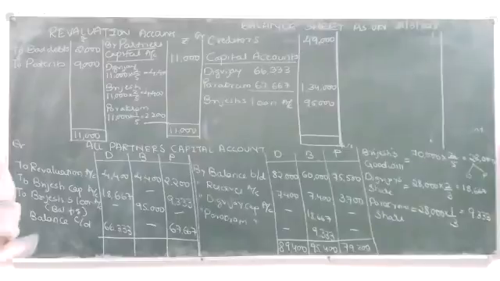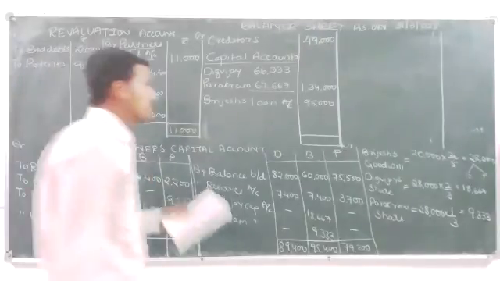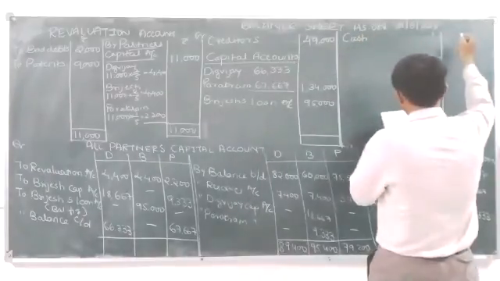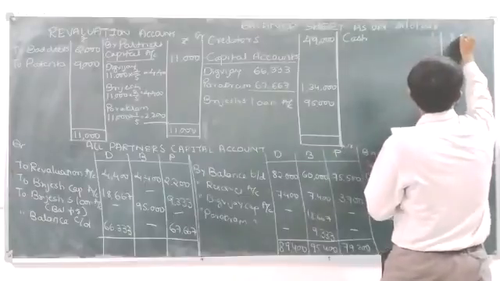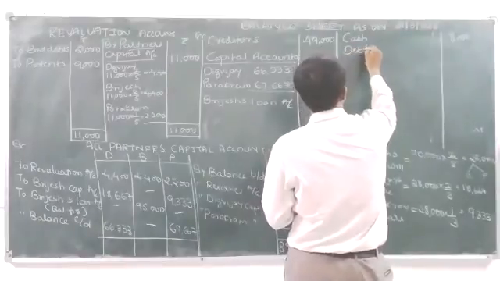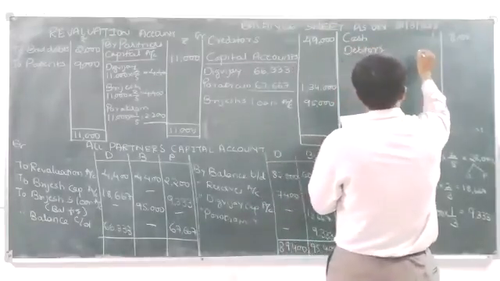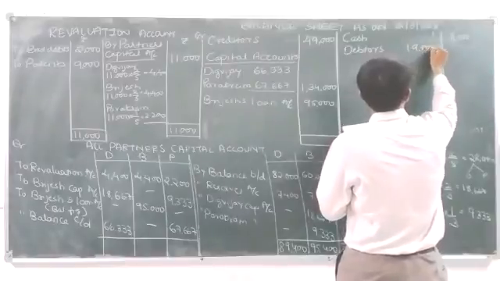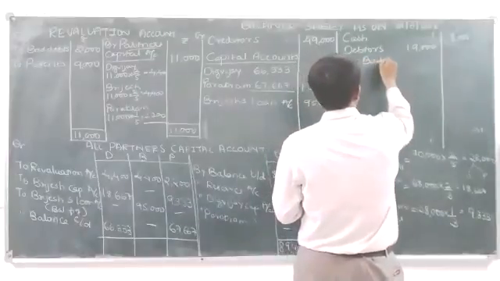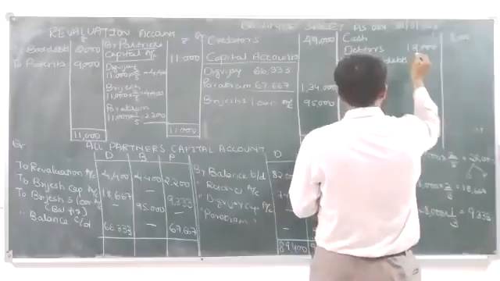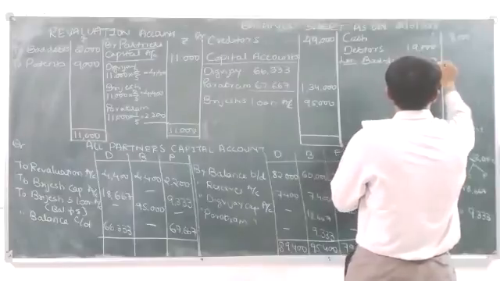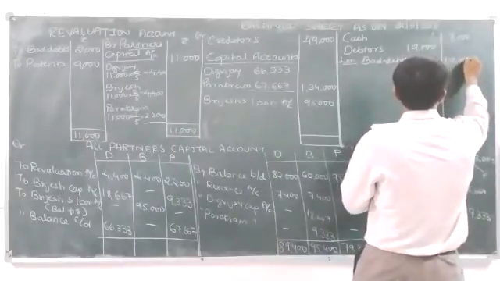After that, the next is the asset side. Cash as it is 8,000. Next is debtors. Inner column 19,000, less bad debts 2,000, outer column 17,000.